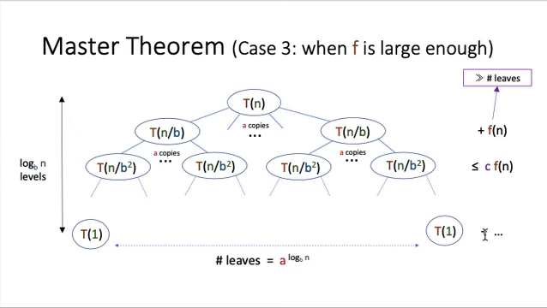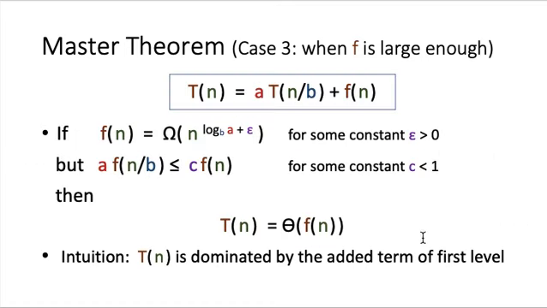So we get theta of f of n: it is at least f of n, because just counting the first level gives f of n, but on the other hand it is at most a constant times f of n, so it is big O of f of n. Together we get theta of f of n. So this is the third case that we want to introduce today.